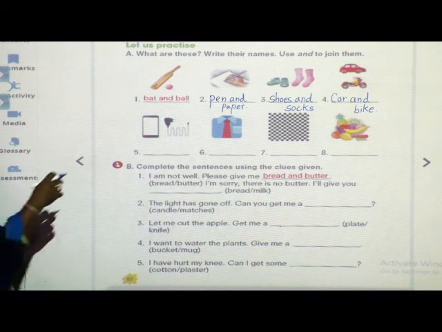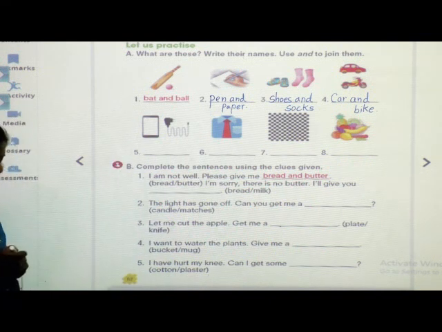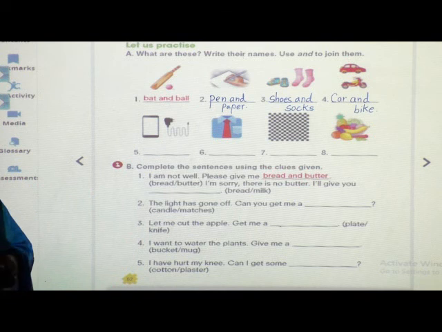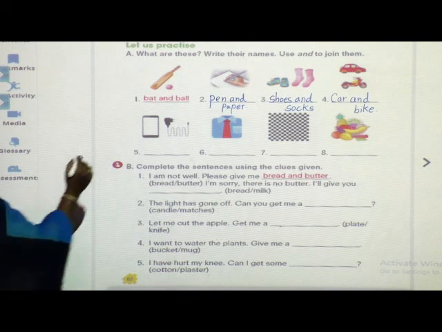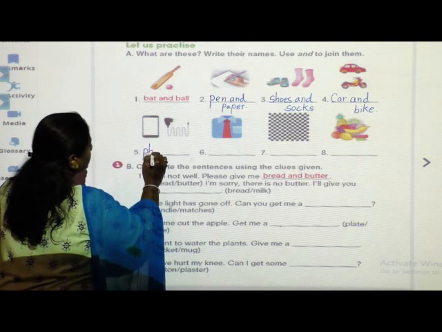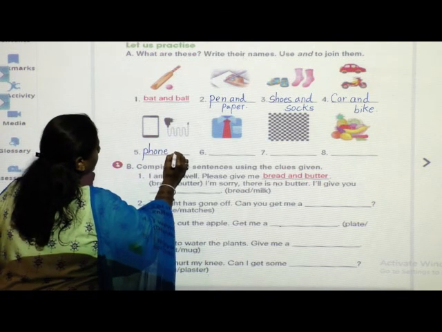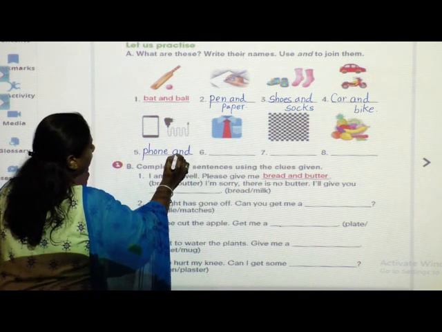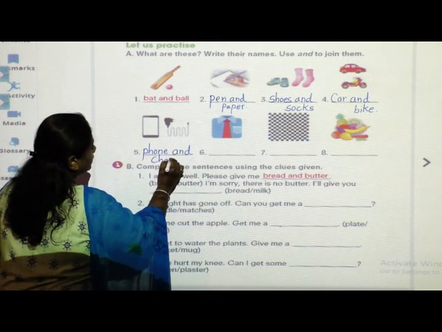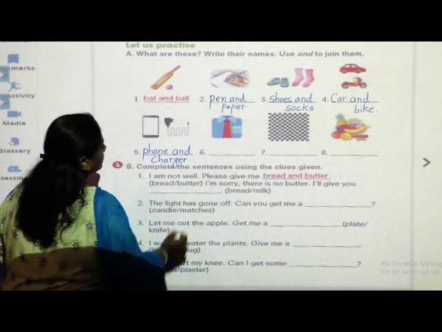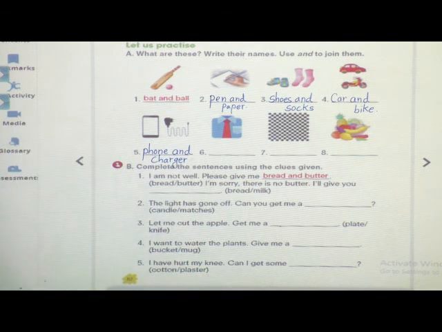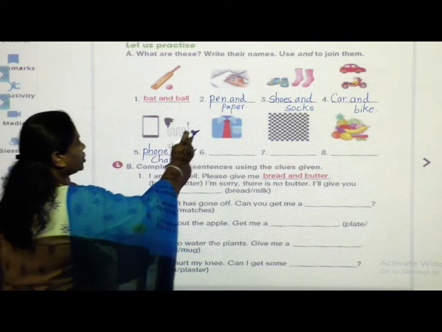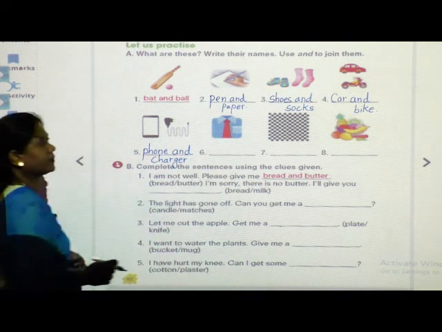In the next, fifth picture you can see the mobile and the charger. Phone and charger. So here you have to use and, phone and charger. Okay.